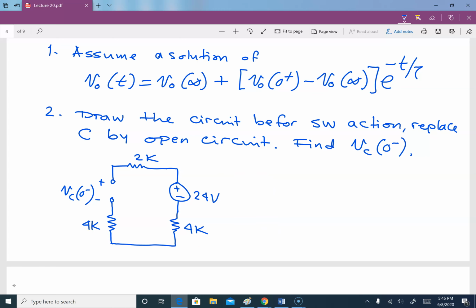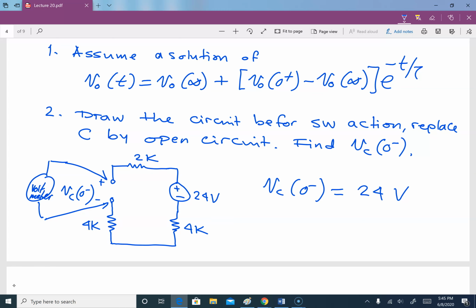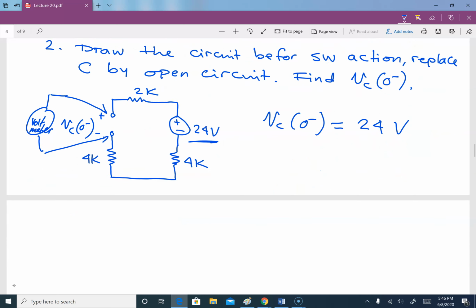So now, our VC of 0 minus is equal to 24 volts. The reason is that there is no current flowing. That means if I put a voltmeter at this point and at this point to measure the voltage across this opening, it will give me that 24 volt value. So that is step 2.